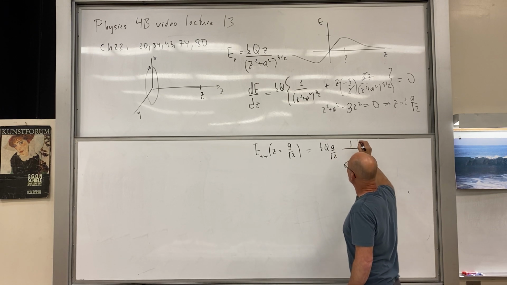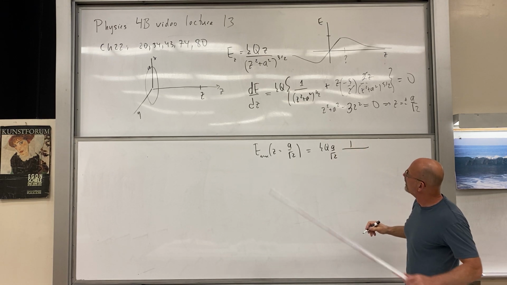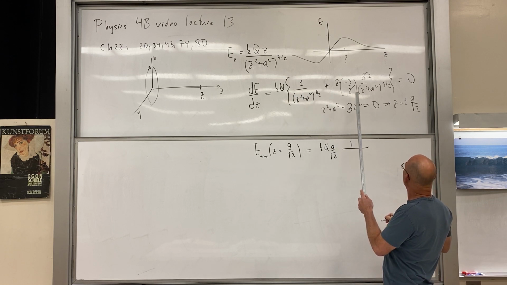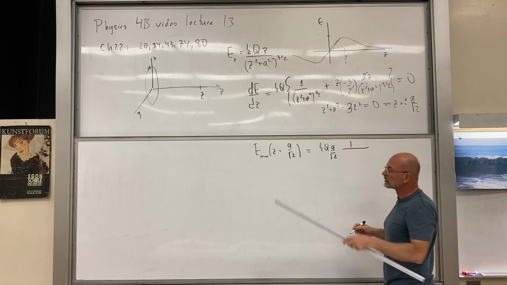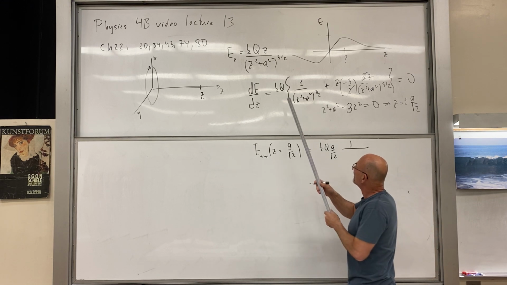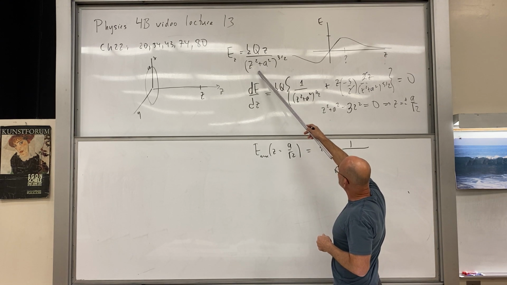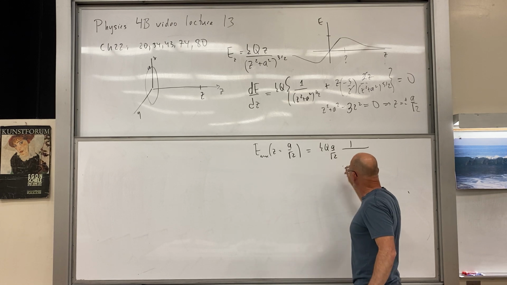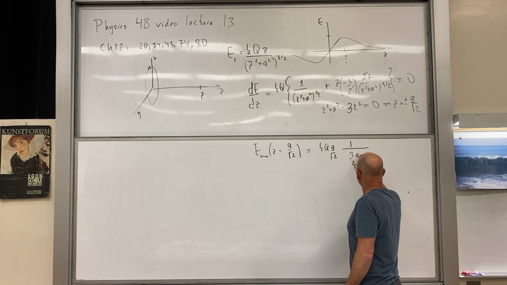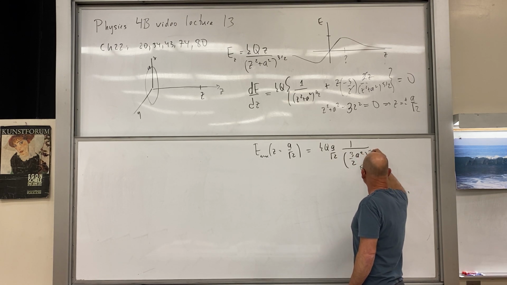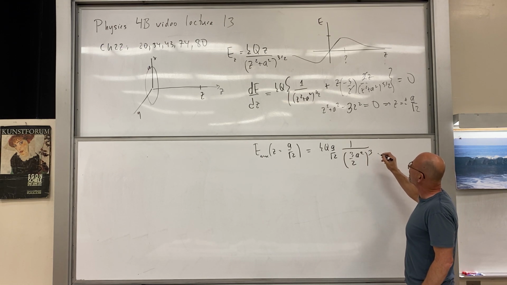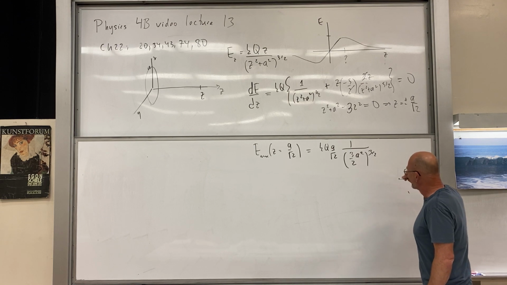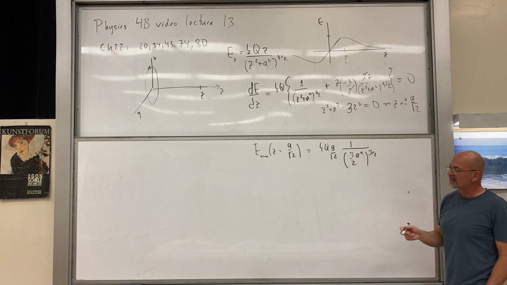We have z over a over root 2 squared, which is a squared over 2, plus a squared, so (3/2 a squared) to the 3/2 power. And then you just have to simplify that.